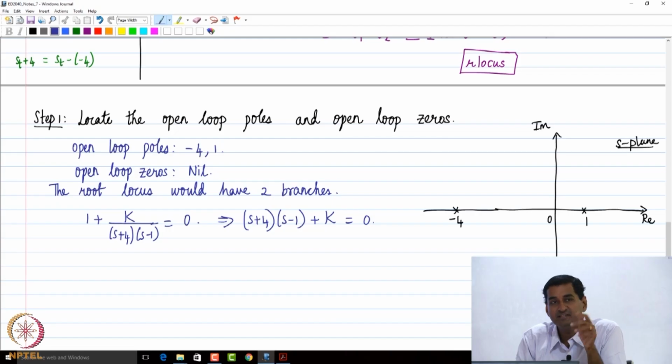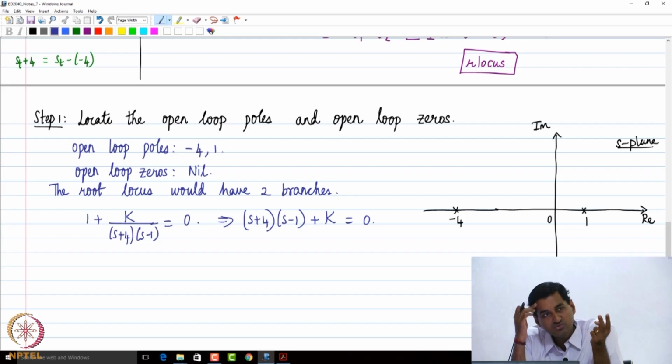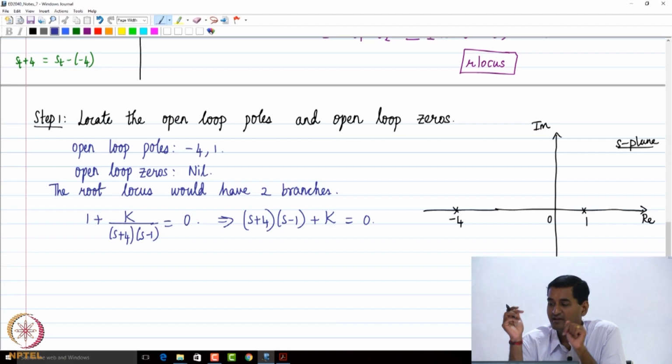So you can immediately see that there will be n branches, in this case 2 branches, and each one of the 2 branches would start from an open loop pole at k equals 0, right? So we are going to have 2 branches starting from -4 and +1 when k is equal to 0. Now the question is that when they start from -4 and +1, they are going to start like this.